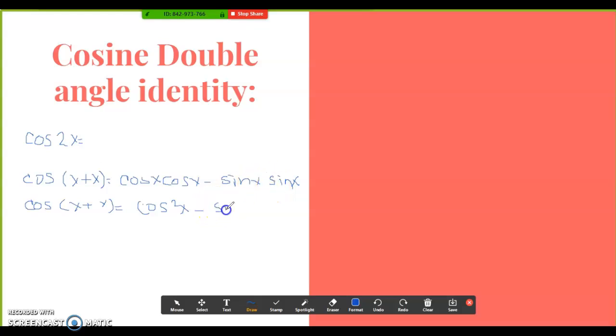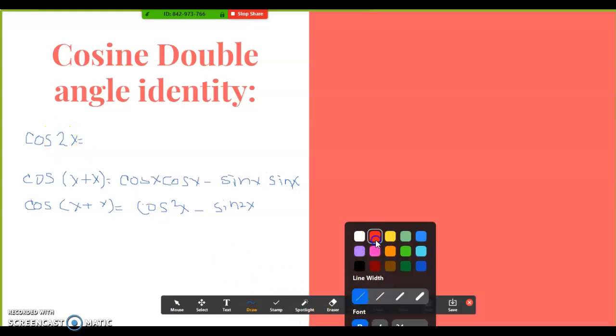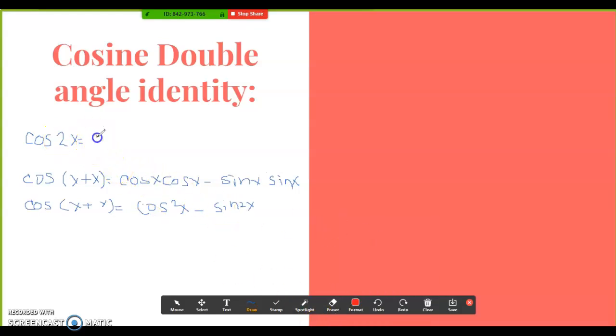Well, that's just sine squared x. So I have a new formula for the double angle that I have derived. It is the cosine squared of x minus sine squared of x.